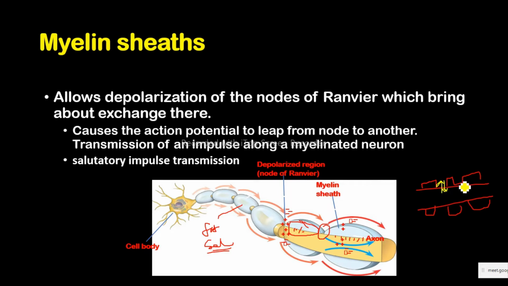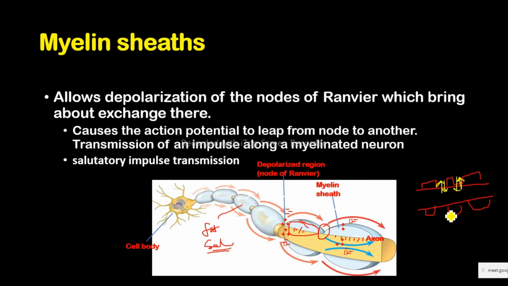So that's why you'll be having depolarization, but at these points with myelin sheath, you won't have any depolarization. Now somebody is thinking about this being disadvantageous.